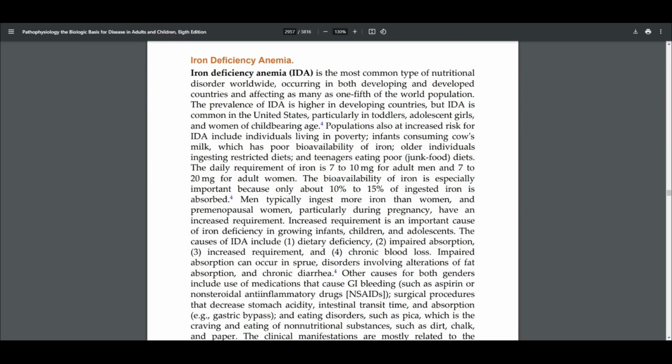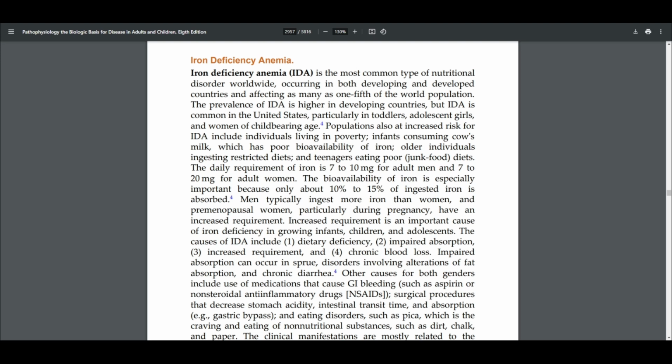Iron deficiency anemia, or IDA, is the most common type of nutritional disorder worldwide, occurring in both developing and developed countries and affecting as many as 1/5 of the overall world's population. The prevalence of IDA is higher in developing countries, but IDA is common in the United States, particularly in toddlers, adolescent girls, and women of childbearing age.